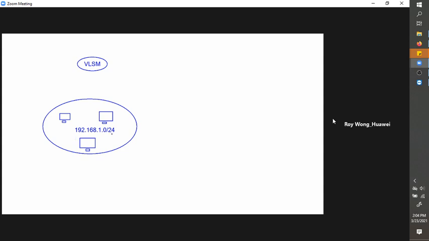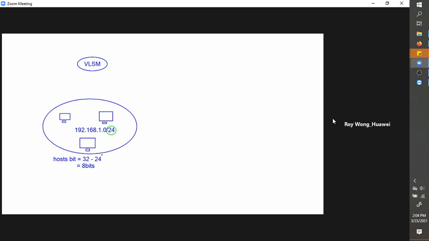If /24 is the network, then how many bits are left for the host? The host bits are 32 minus 24. It's actually 8 bits, so there are 8 bits for the host.